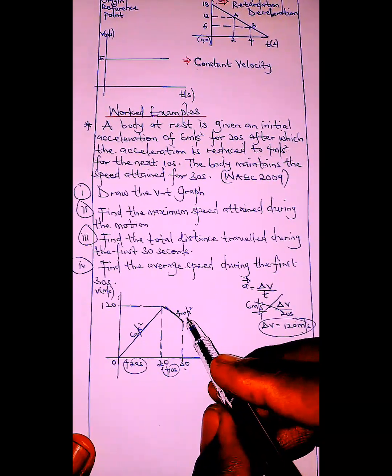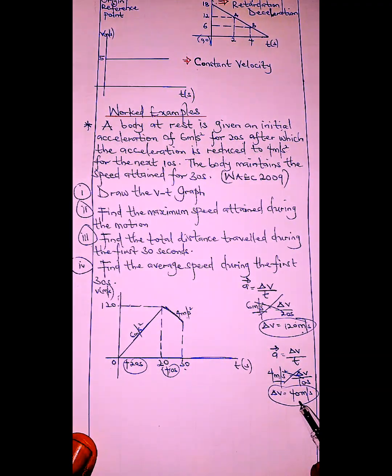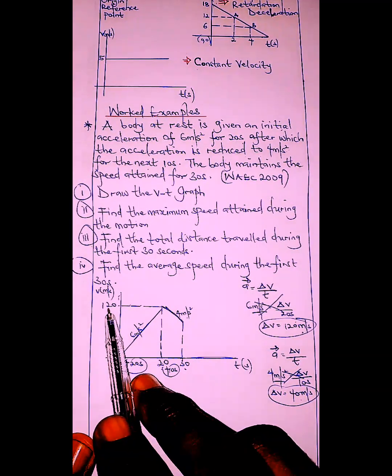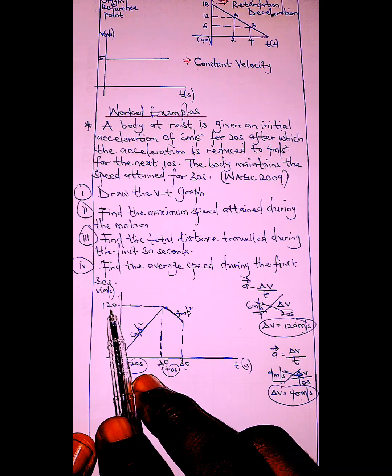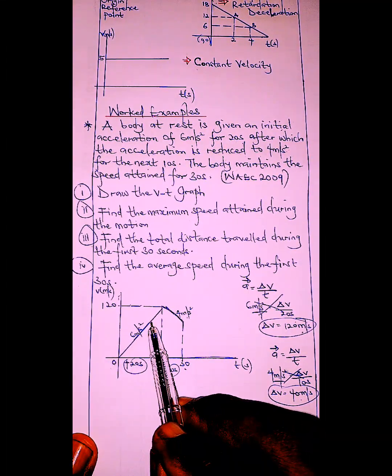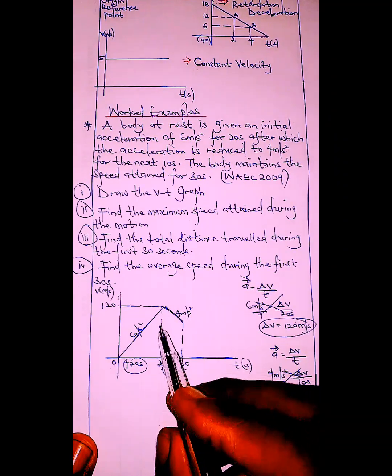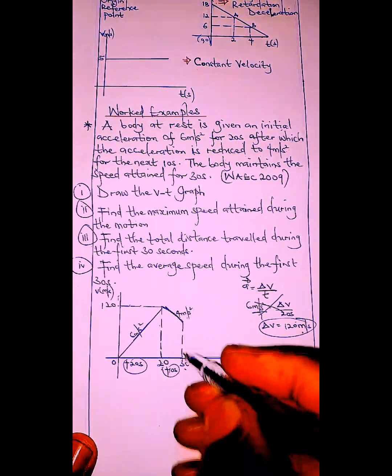So now we're going to solve. How do we get an acceleration of 4 meter per second squared? Don't forget we said the speed of 120 meter per second for 20 seconds gave us 6 meter per second squared acceleration. Now we have a new acceleration, which is 4 meter per second squared for 10 seconds. So let's see how we can get it. Acceleration is simply change in velocity over change in time taken.